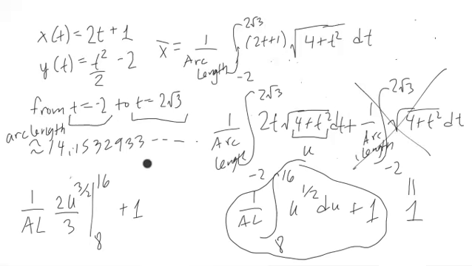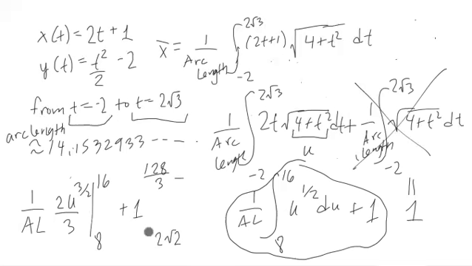So that's 128 over 3, right, when we evaluate this part. 2 times 64 over 3. Then we subtract off what this is when we plug 8 in. When we plug in 8, this will be like 8 times the square root of 8. And what's the square root of 8? The square root of 8 is 2 root 2. And we're multiplying that by 8 to get 8 to the 3 halves.